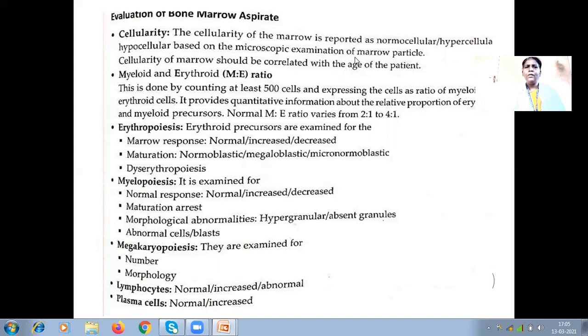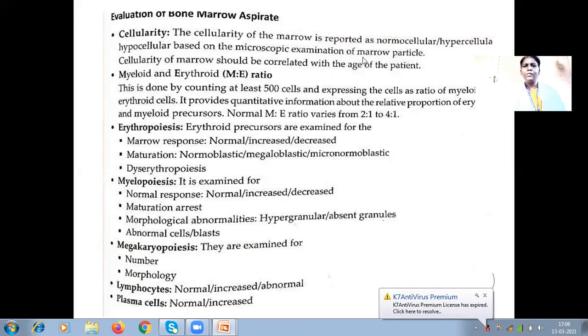The normal M/E ratio varies from 2:1 to 4:1.